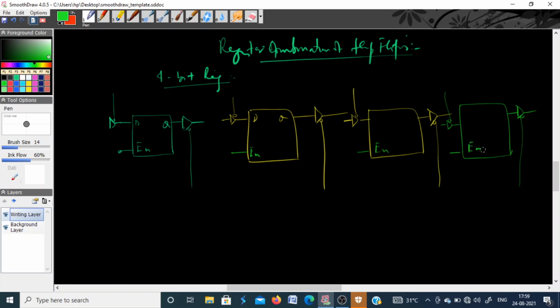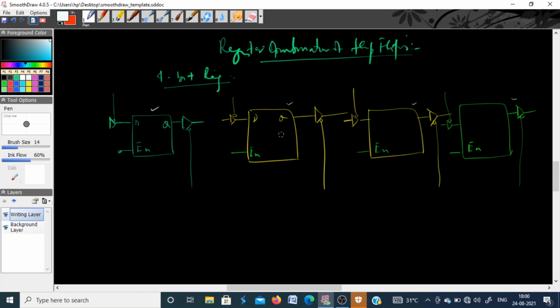Okay, now this structure is used to read or write 4-bit information at a time, because I'm using 4 flip-flops. Okay, and how it will be done. So this flip-flop can store 1 bit, this will store another bit, this will store another bit, and so on.